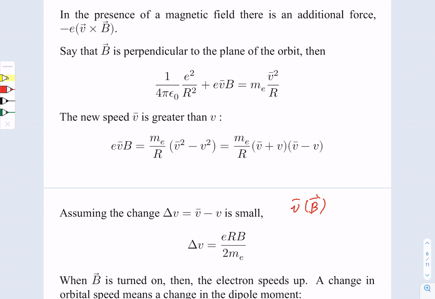However, if we think delta v is small, then we can instead Taylor expand this expression, assuming B is a small parameter, and this Taylor expansion will eventually give us the expression here.